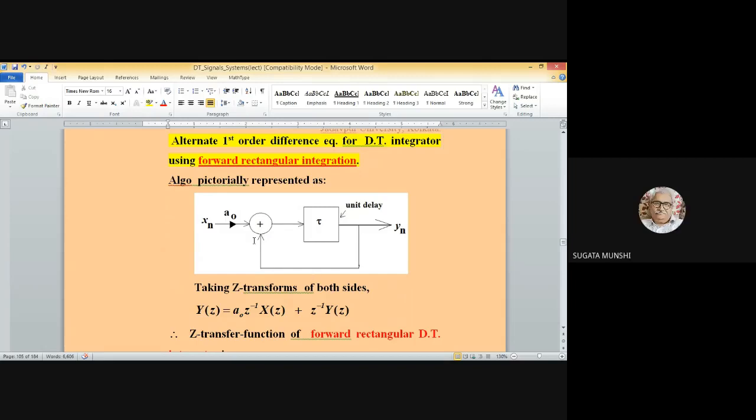But because of the reason that I have cited, this is not feasible. But because this structure is there in many textbooks, I have first drawn it to show that this is not feasible.